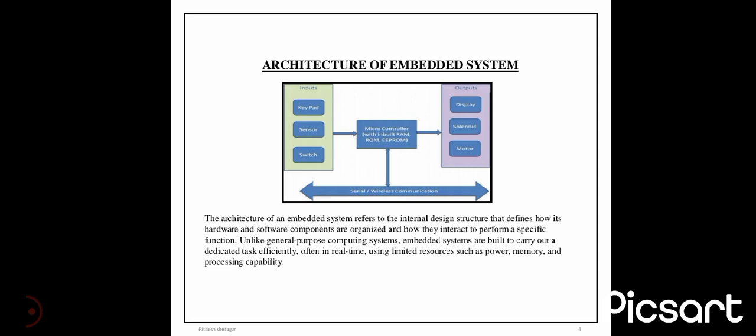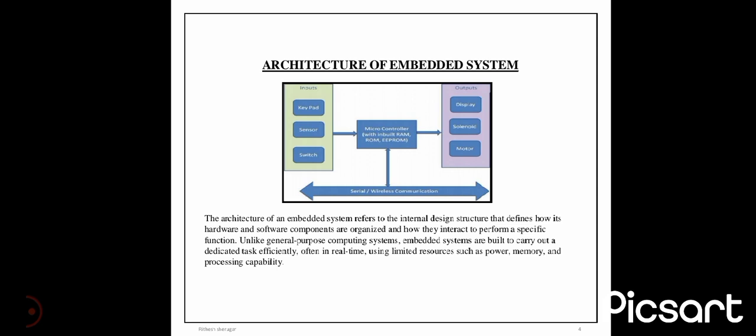These all things are connected through the communication channel. The communication channel means through which different components, devices, or systems exchange the information. Communication in embedded system is essential because many embedded systems need to send and receive the data between the different parts.